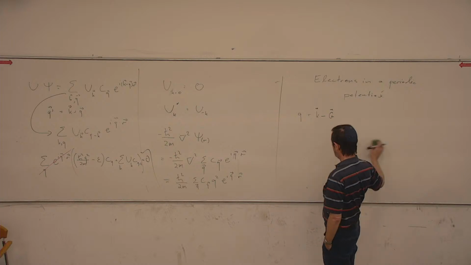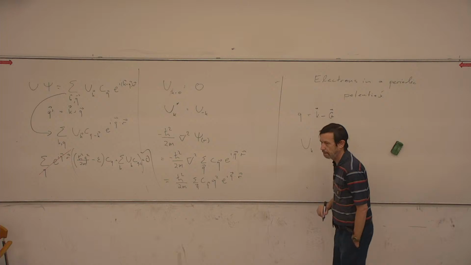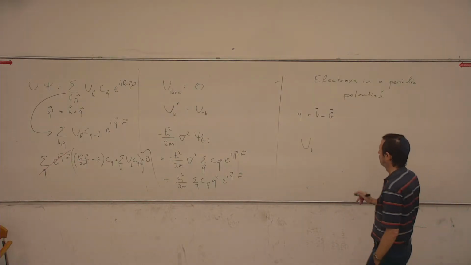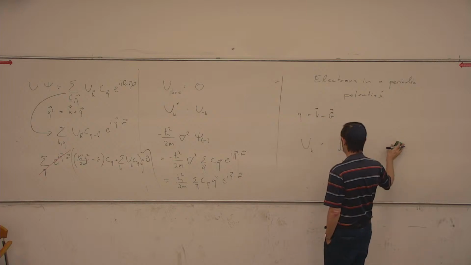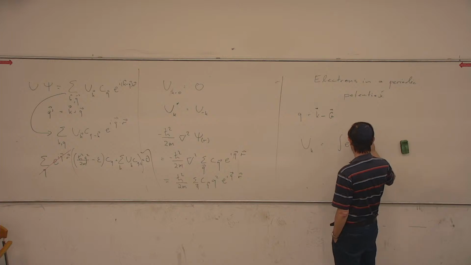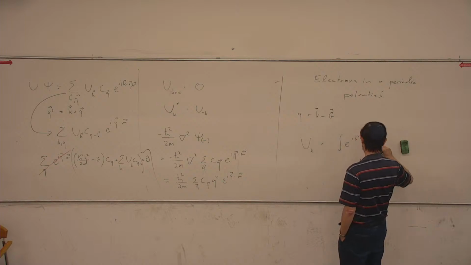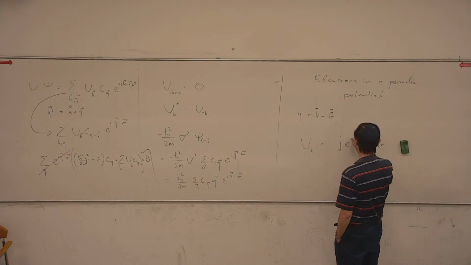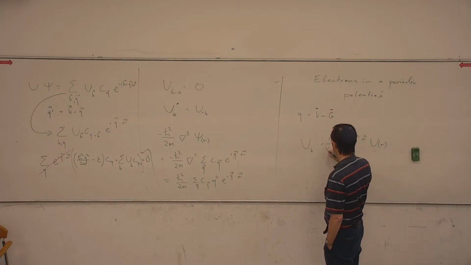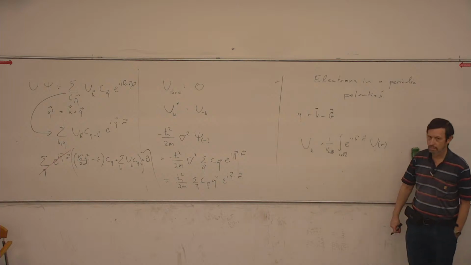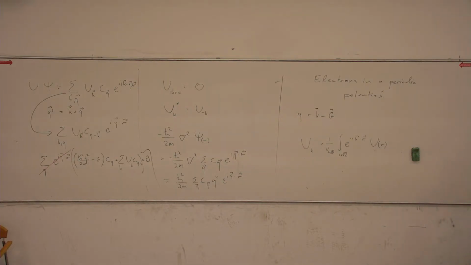U of k is equal to U of k plus G, right?